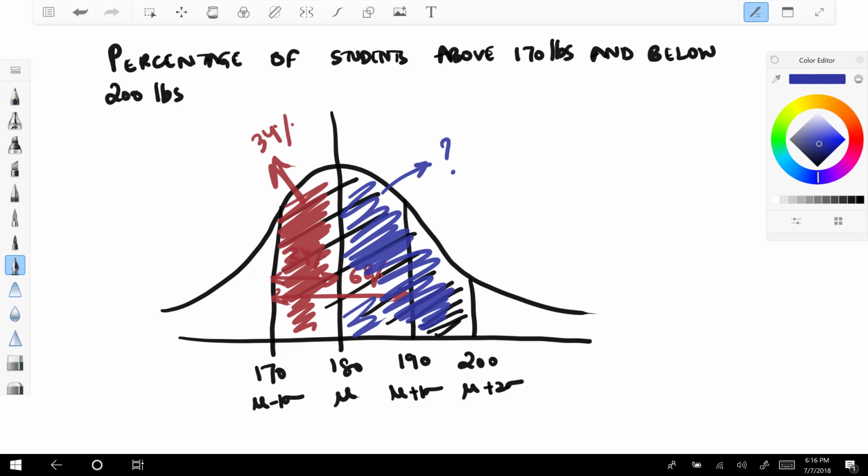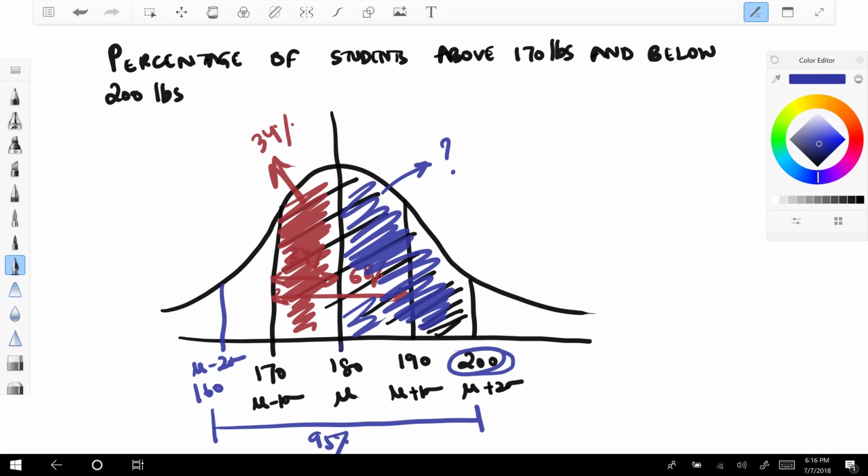So to calculate that whole area, if you see, this is mu plus 2 sigma, then we can have mu minus 2 sigma, which is 160. So this whole area is 95%.